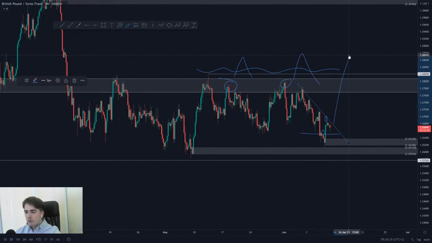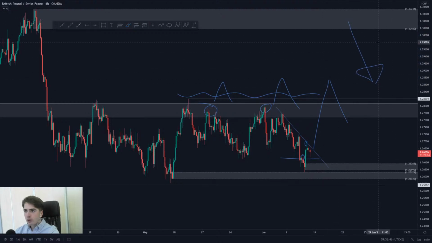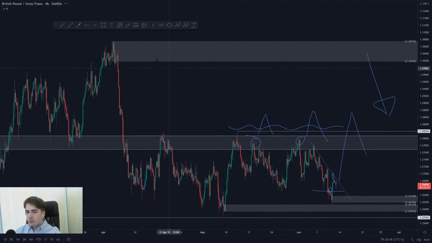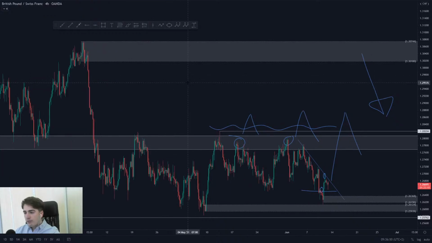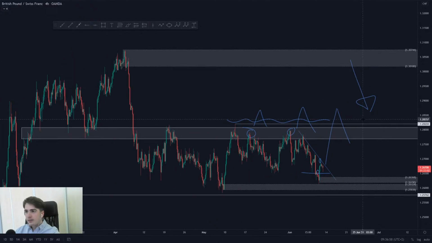So now potentially moving back up in towards the highs, and then we will start moving back down in towards the lows once we fake out on this high, or we could start dumping from up here from this area of supply. A dump from this area of supply at around 1.30180, excuse me, would of course have the highest probability.